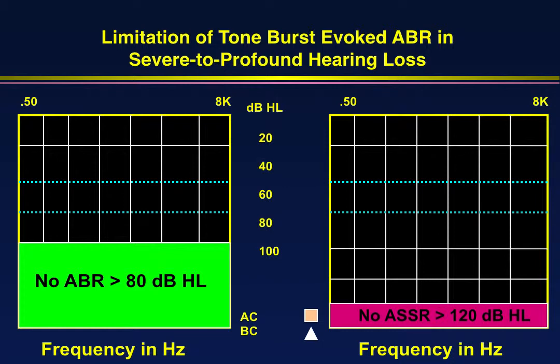Now, that's very useful because if we know that there's absolutely no response to sound at any intensity level, even 120 or 130 dB in an infant, we know that child's only hope for management with some type of device that will allow them to communicate verbally, orally, would be a cochlear implant.